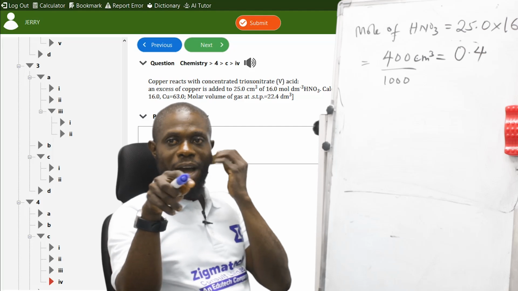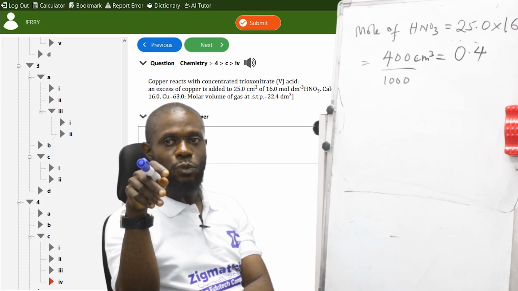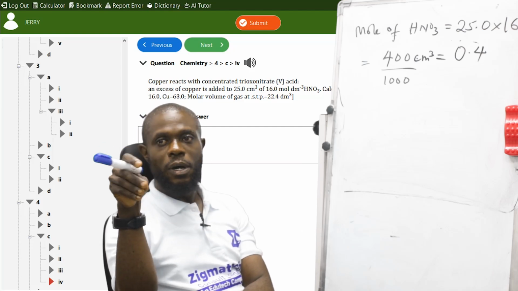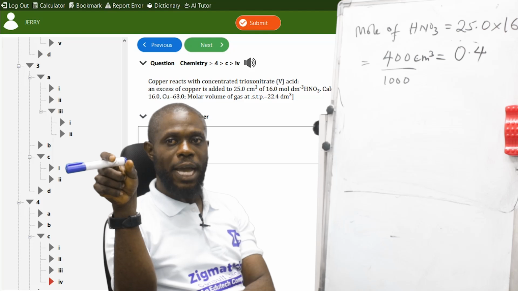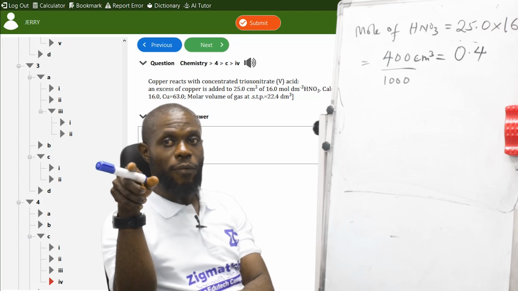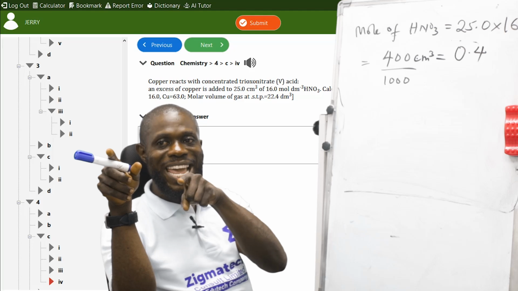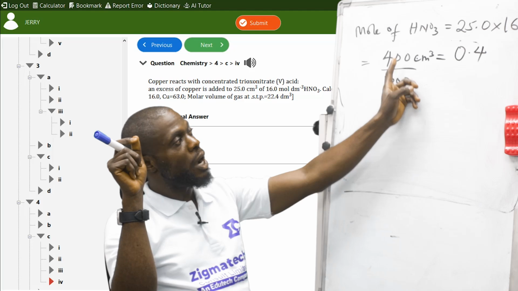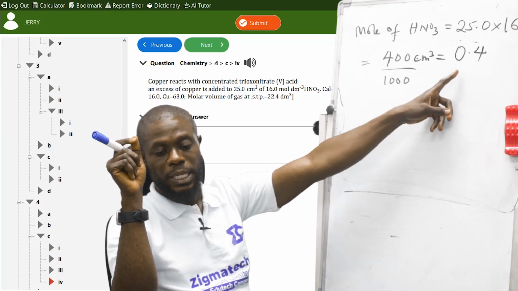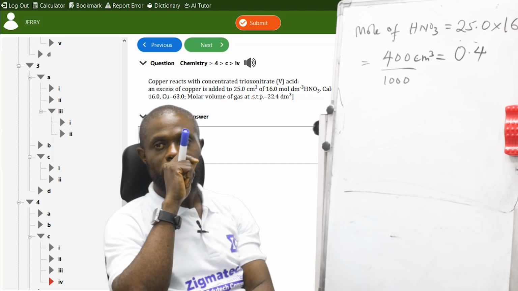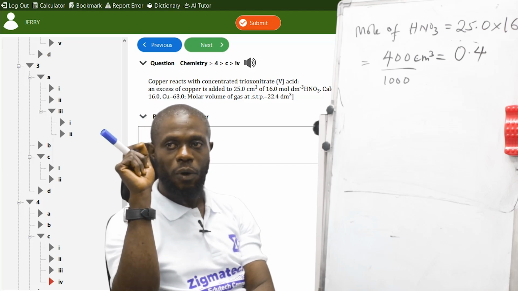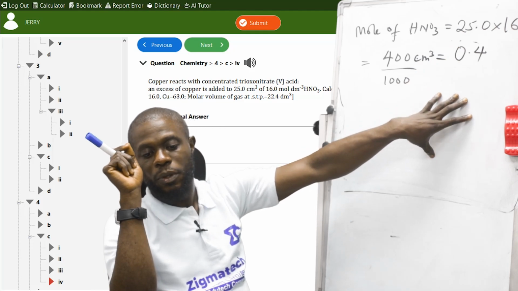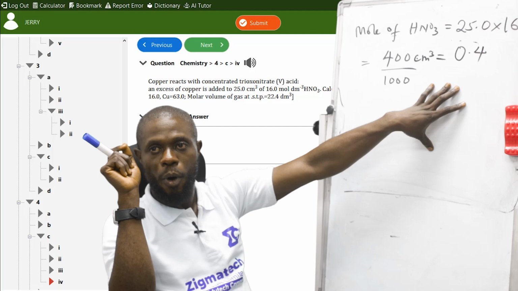Because they say molar volume of gas at STP is 22.4 decimeter cube. So what you're looking at is the decimeter cube, because it was added to 25 of 16. So the main volume is 16 decimeter cube. You have gotten the answer as 400. Now you have to convert it to decimeter cube, which is 0.4. You've got your 0.4 as the main mole.